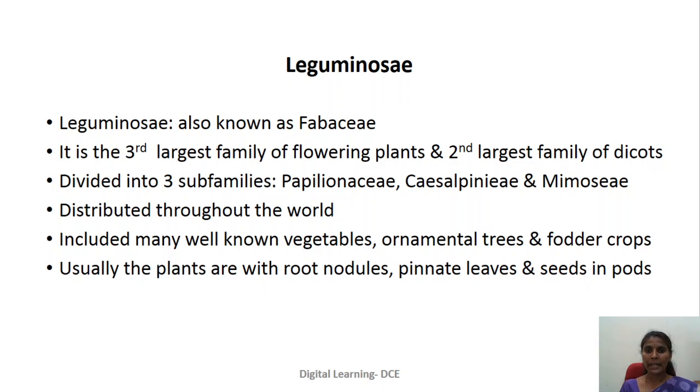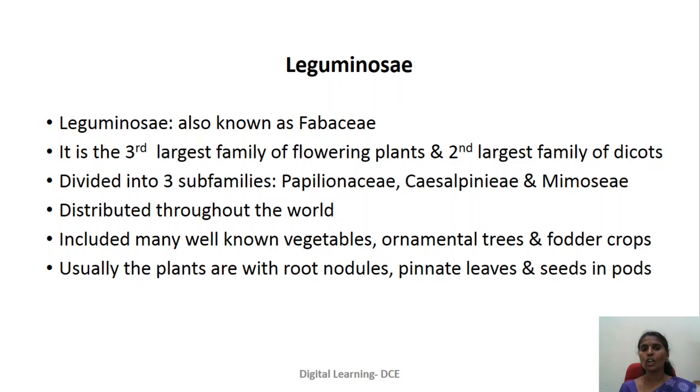It is called by another name, Fabaceae, which is the third largest family of flowering plants and the second largest family of dicotyledons. The family Leguminosae has been divided into three subfamilies: Papilionaceae, Caesalpinae and Mimosae.